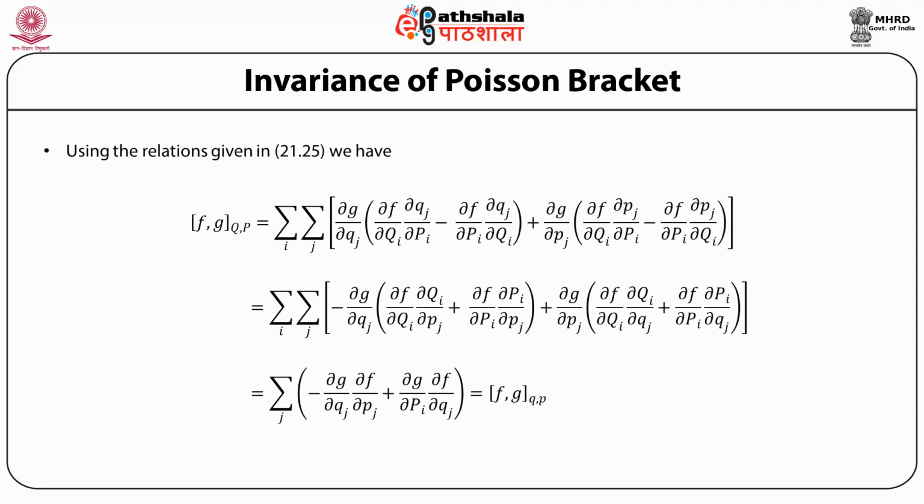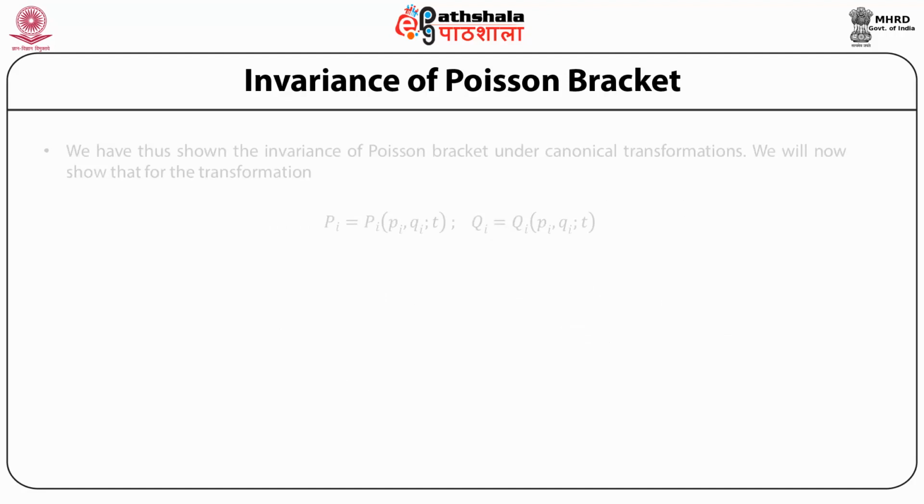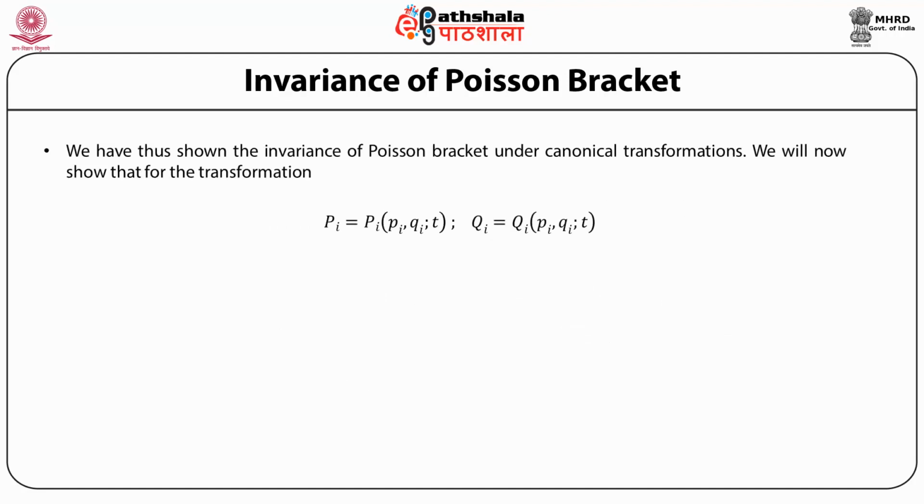So using the relations we have obtained earlier, it is now straightforward, though a little lengthy, to show that the Poisson bracket between two dynamical variables f and g with respect to the new coordinates and conjugate momenta capital Q and capital P becomes equal to the Poisson bracket between these two dynamical variables with respect to the old coordinates and momenta.